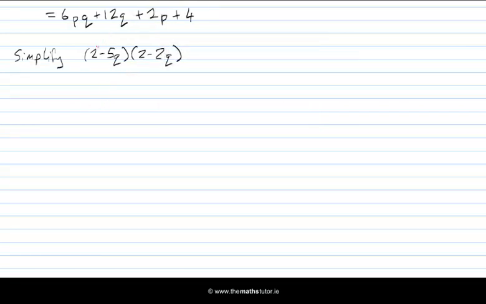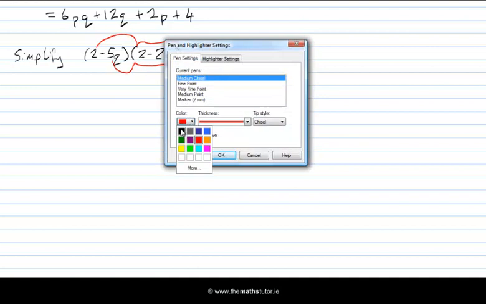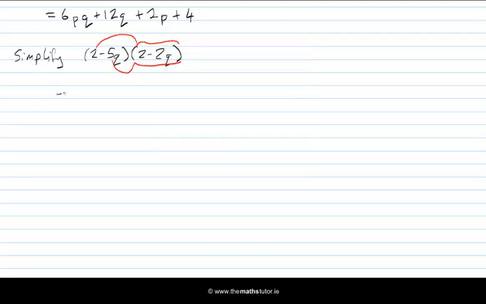So what I'm going to do is multiply this 2 by this whole bracket, and multiply the minus 5q, don't forget that minus, by, again, just the whole bracket. So I'm going to get 2 times 2 minus 2q, that's this 2 multiplied by this whole bracket, the 2 minus 2q, and then minus 5q, again multiplied by that whole bracket.